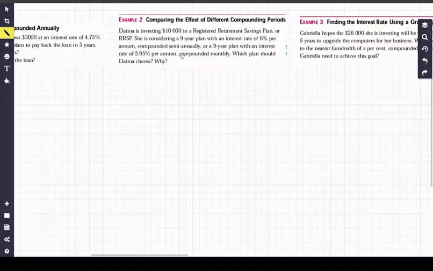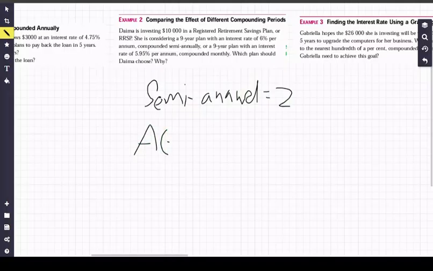So this leads us to our first derivation. It will be P times the bracket 1 plus i over the compounding periods per year, so let's call that n.